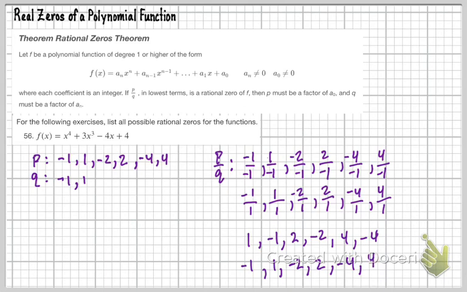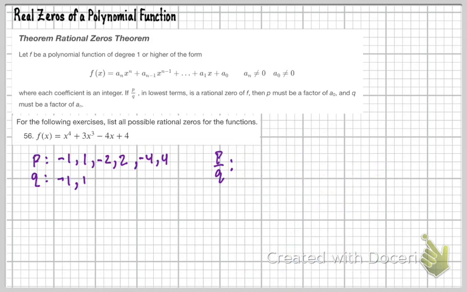That's what I wanted to point out to you. I could simply write negative 1, positive 1, negative 2, positive 2, negative 4, positive 4, because going negative or positive only changes the order in which they appear in the list. So that would be sufficient for this.